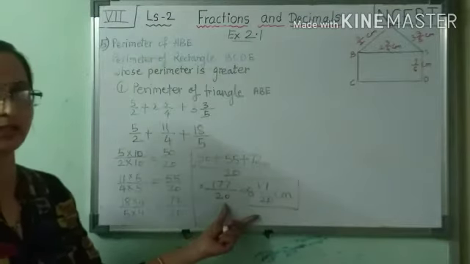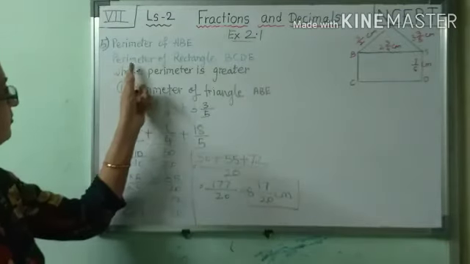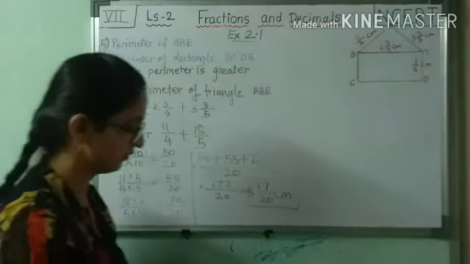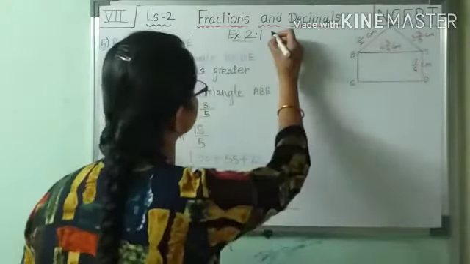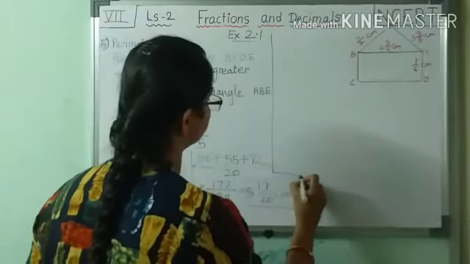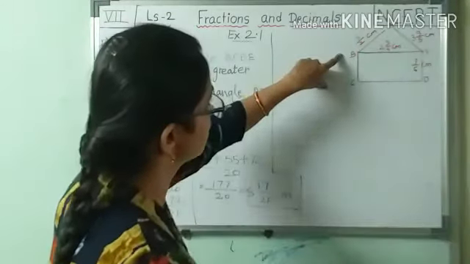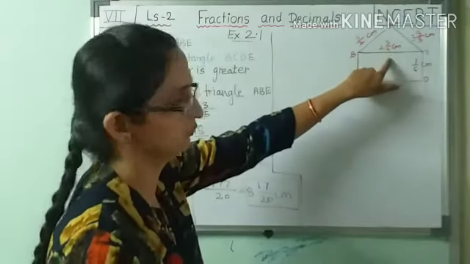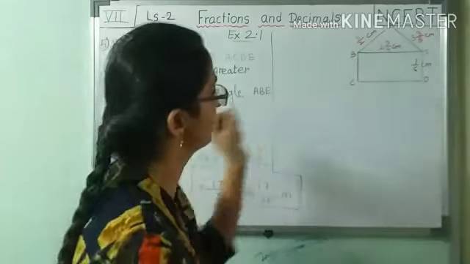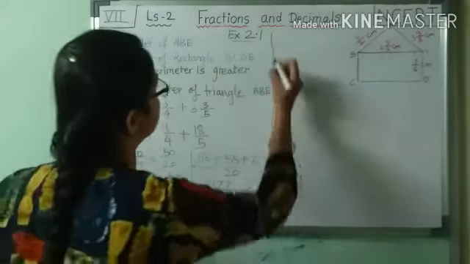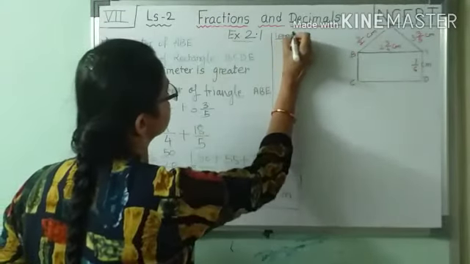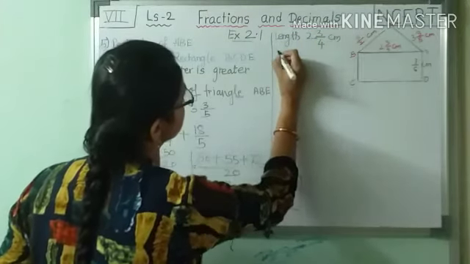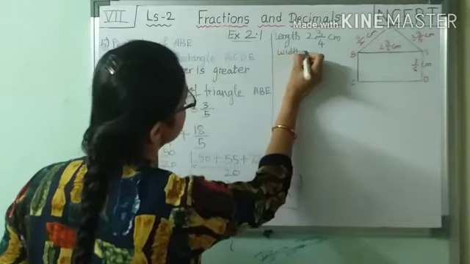Got it? Now calculate the perimeter of rectangle BCDE. For this, what is the length of this rectangle? 2 and 3 upon 4 centimeter, and width is 7 upon 6 centimeter.